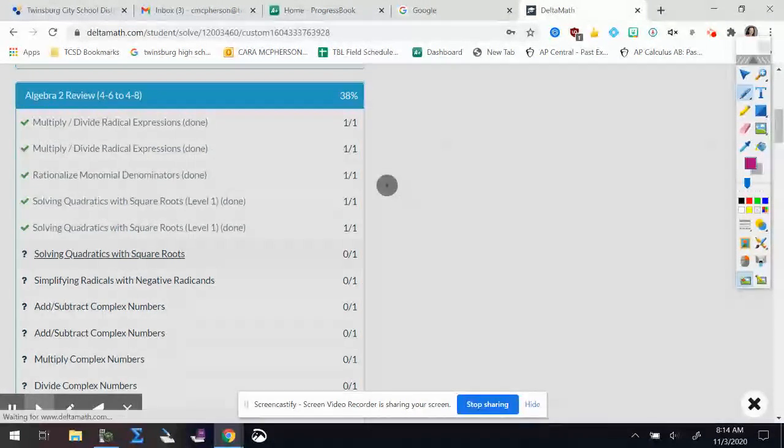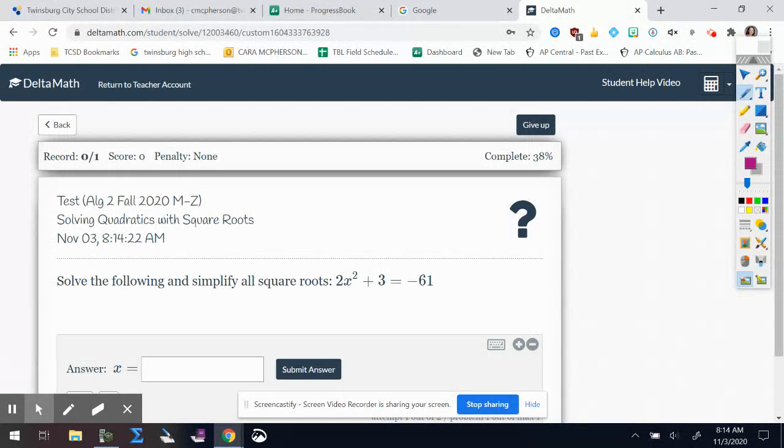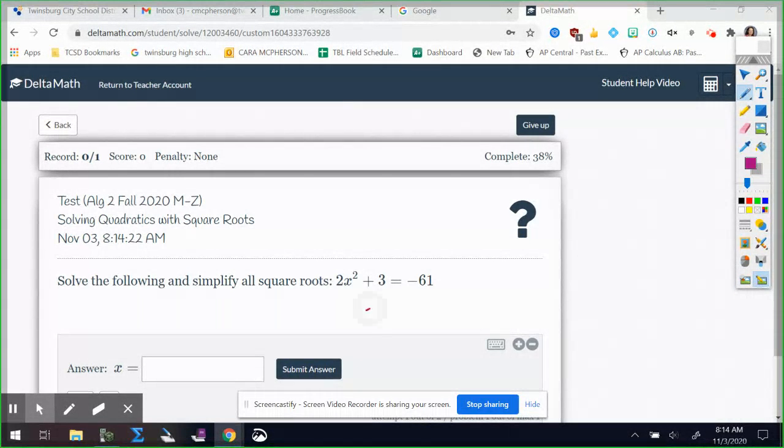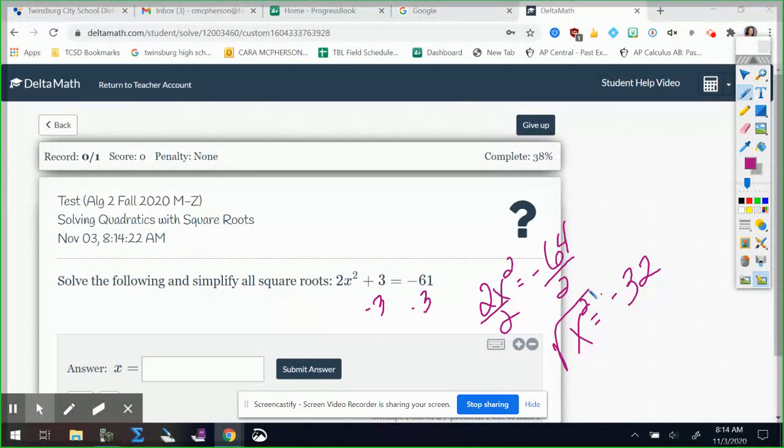Moving on. Solving with square roots continued. This is going to start working with some imaginary pieces. So we are subtracting 3. So we get 2x squared equals negative 64. Divide both sides by 2. X squared equals negative 32. When I take the square root of both sides, I am square rooting a negative, so I'm going to need an i.